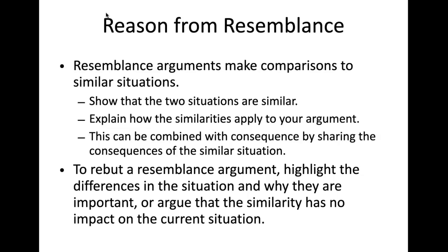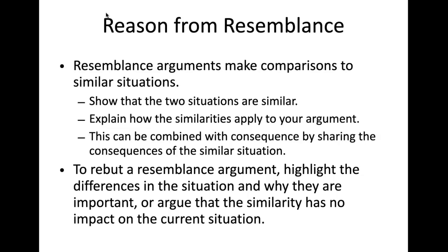This can be combined with consequence in order to show the consequences of a similar situation. We should fund schools the same way that England funds schools, because England has had good effects by funding schools this way. So you make a comparison to how someone else does something, and you look at the effects of the way that they're doing it.